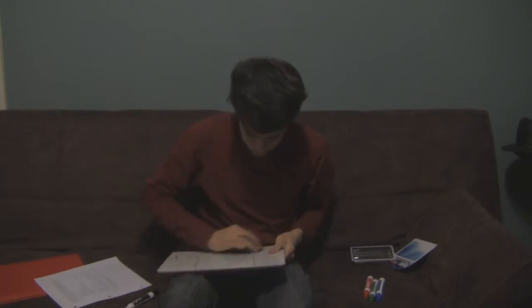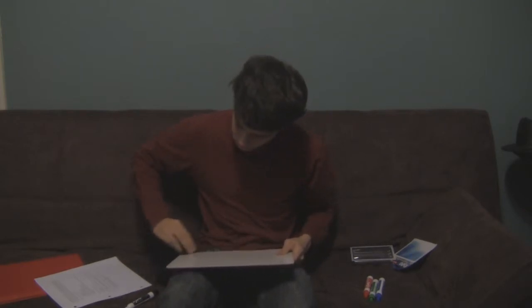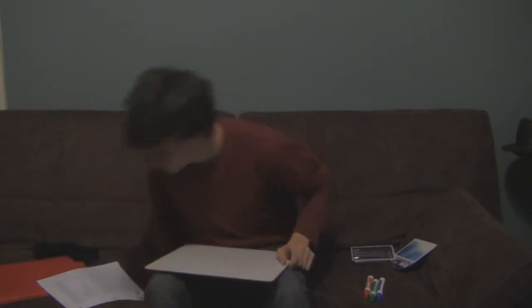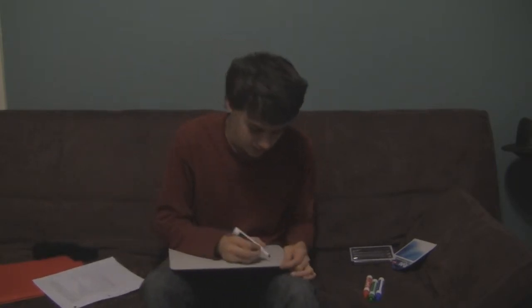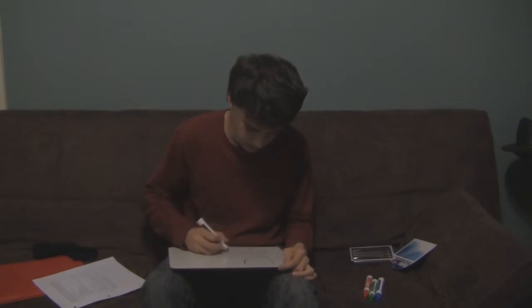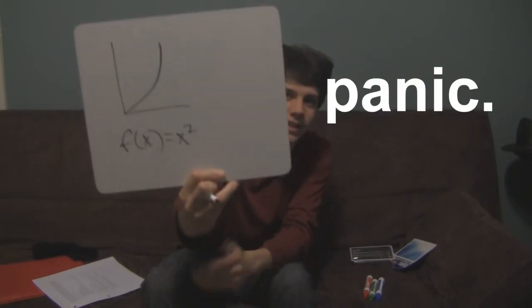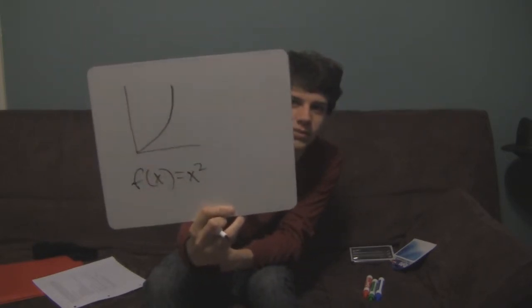That's what a derivative is, and that may seem pretty simple, but what do you do when you get something like that? What is the slope at one given point of that?